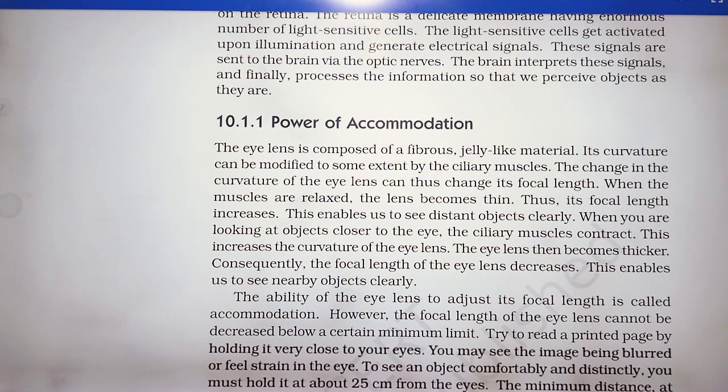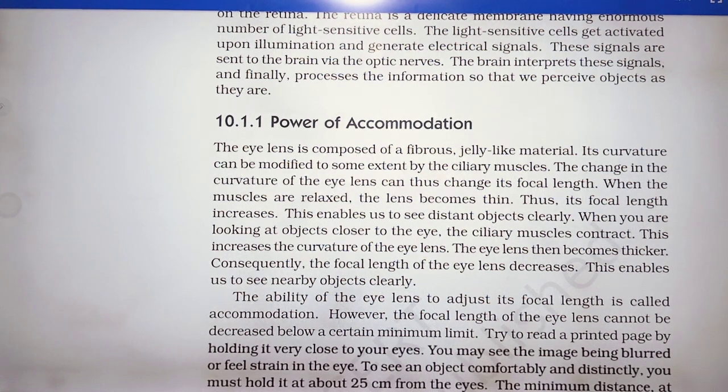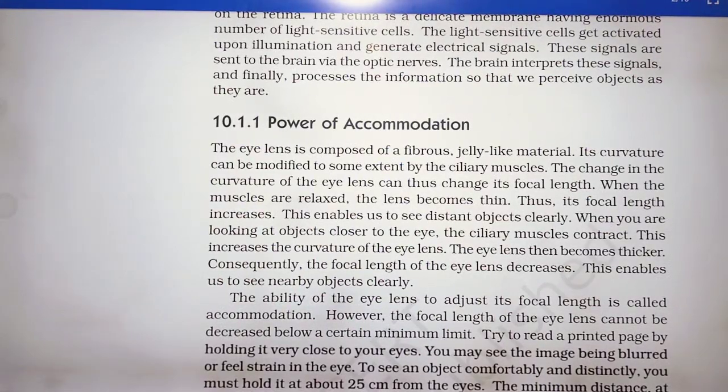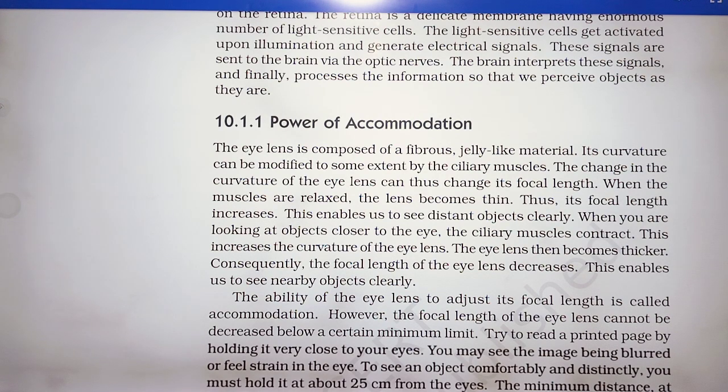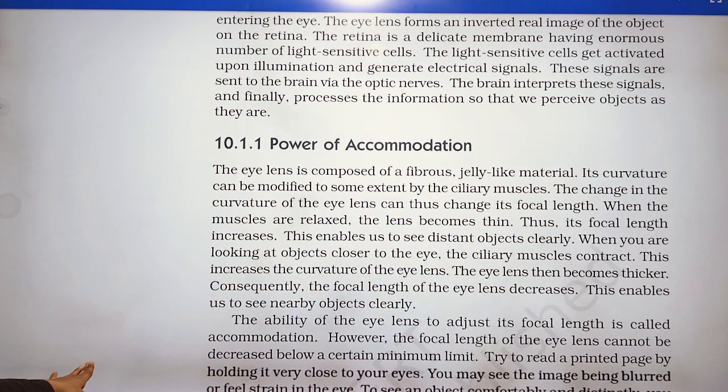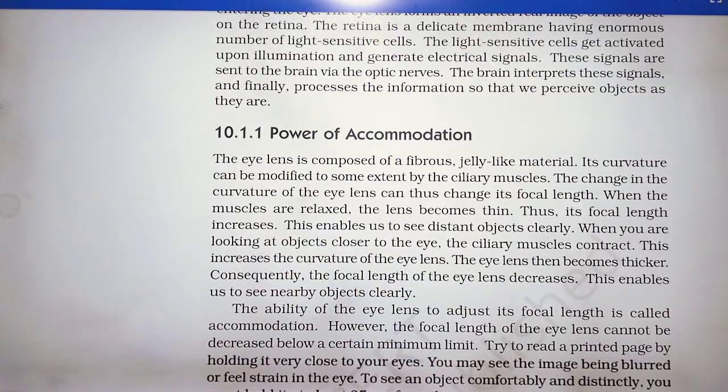If the focal length decreases, the eye lens becomes thicker and we can see nearby objects clearly. If the focal length increases, the eye lens becomes thin and we can see distant objects clearly.